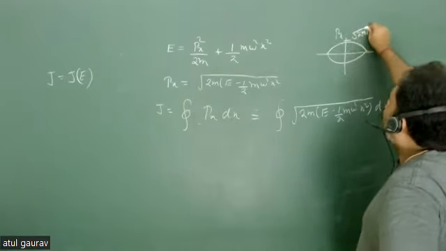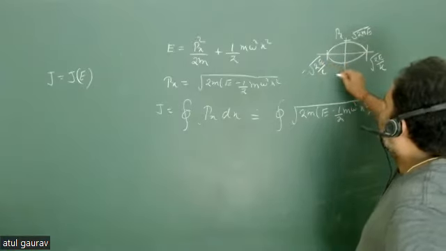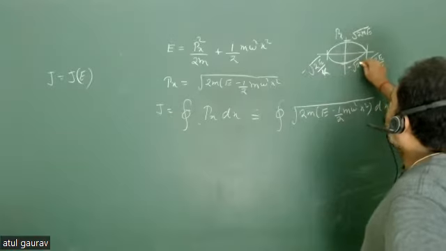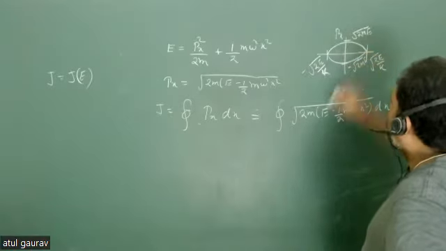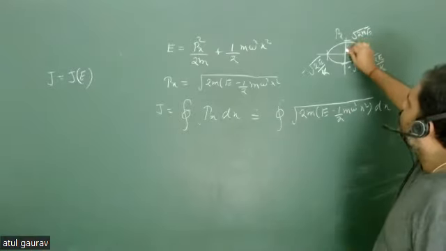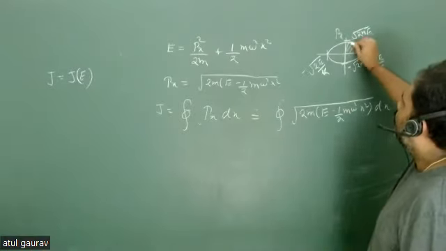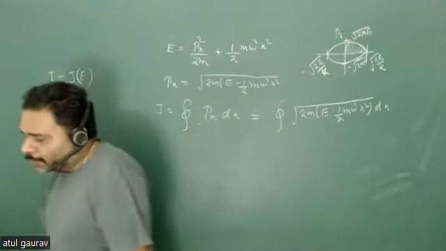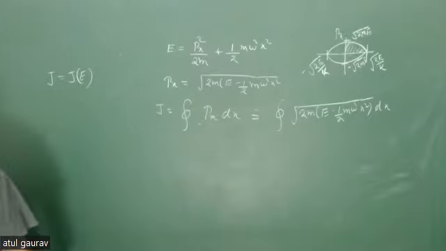This value is also minus root under 2E upon k. And this value is nothing but minus root under 2mE. So if we can calculate this area and multiply it by 4, we can easily calculate this particular integration, isn't it?